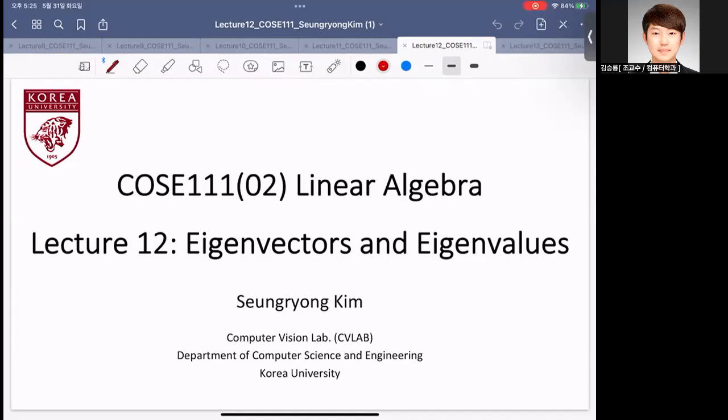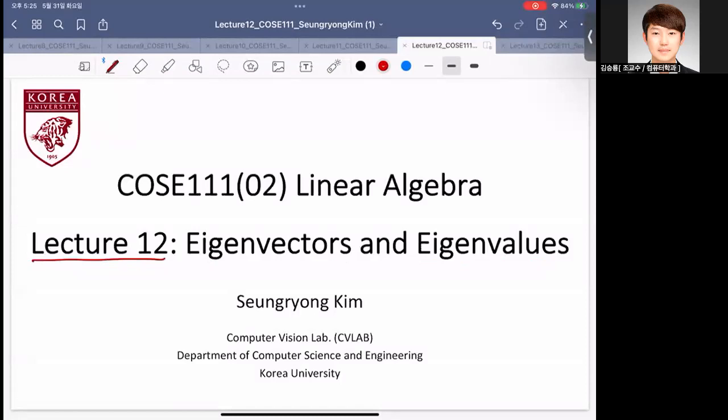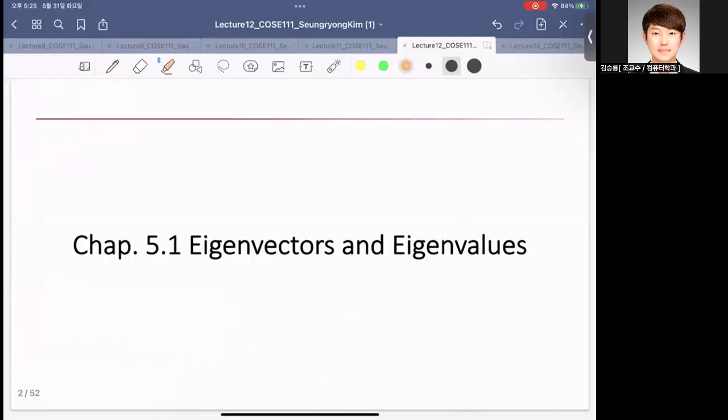Right. Then, if not, we will move to lecture 12 and lecture 13, eigenvectors and eigenvalues and singular value decomposition. Okay, so this is chapter 5.1, Eigenvectors and Eigenvalues. The eigenvectors and eigenvalues concept can be used in so many kinds of computer science fields.